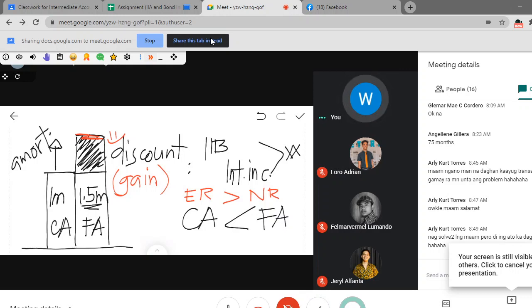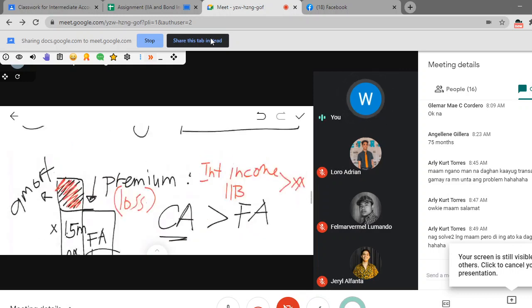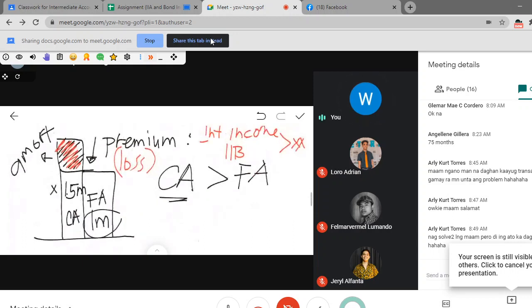Now, pag abot pod sa premium, balipod. Kailangan ta magpaubos because our goal is andito lang. Itong FA or face amount. So, kailangan nato munaog. So, para munaog ta, dapat si effective rate, the true rate, should be less than our nominal rate. Okay? Nakuha ra ba? So, ayun.